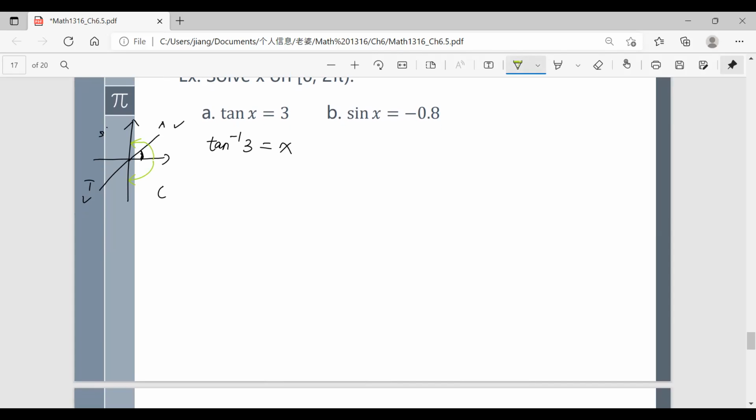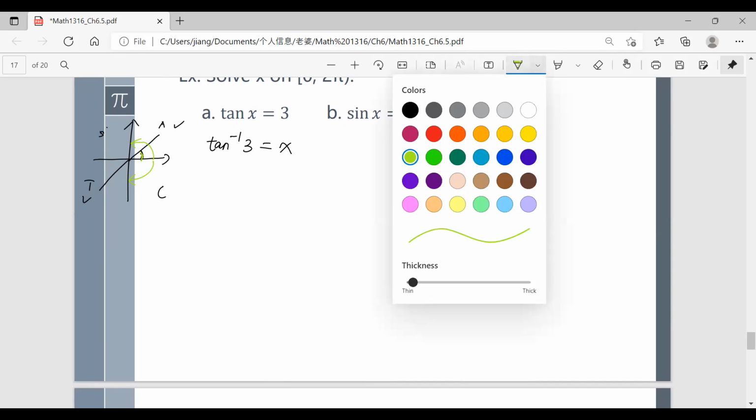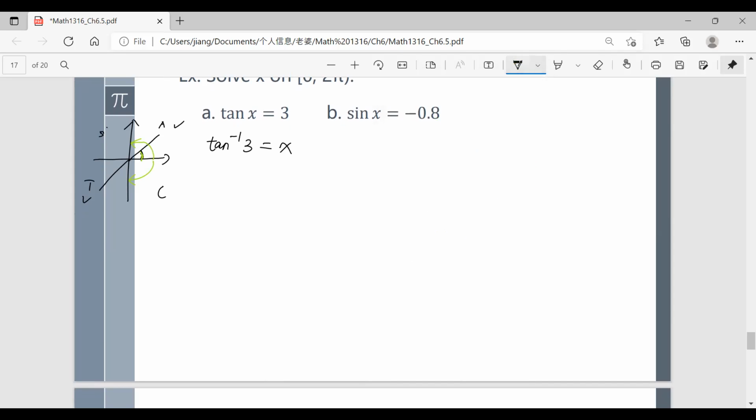So they only give us the angle here. After we get this angle, the reference angle equals this one, yes. So first we find one angle for x, and then we find the angle from initial to this terminal, that means this angle plus pi. So what is the inverse tangent of 3?